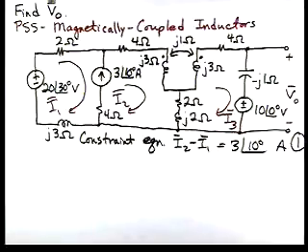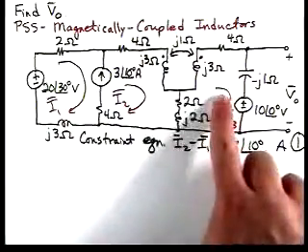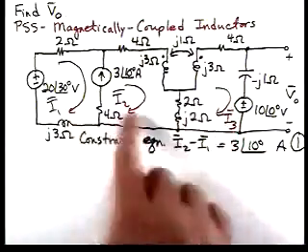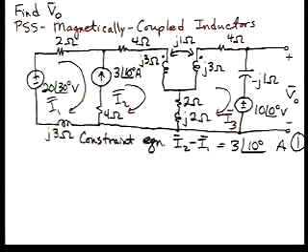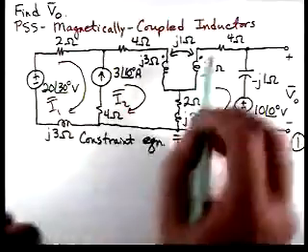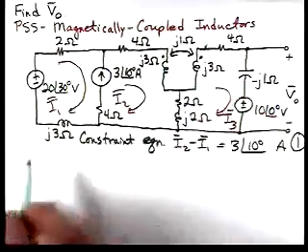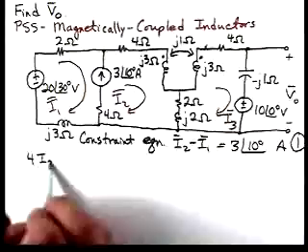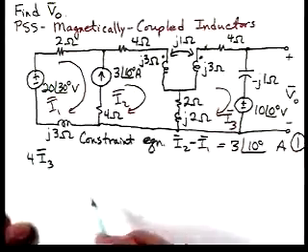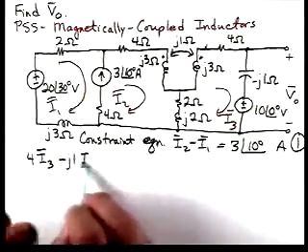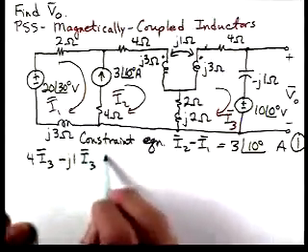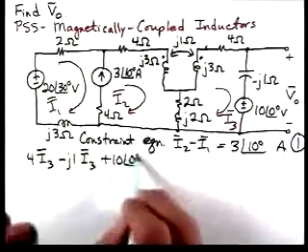Now, we need to apply KVL. So for instance, let's apply KVL to this mesh. We can't apply it to either one of these, but what we can do is apply KVL to this loop. So let's start with this mesh. If we start up here and go around clockwise, we'll have 4I3, the drop across that resistor, and as we come around we'll have minus J1 I3 plus 10 at an angle of 0.